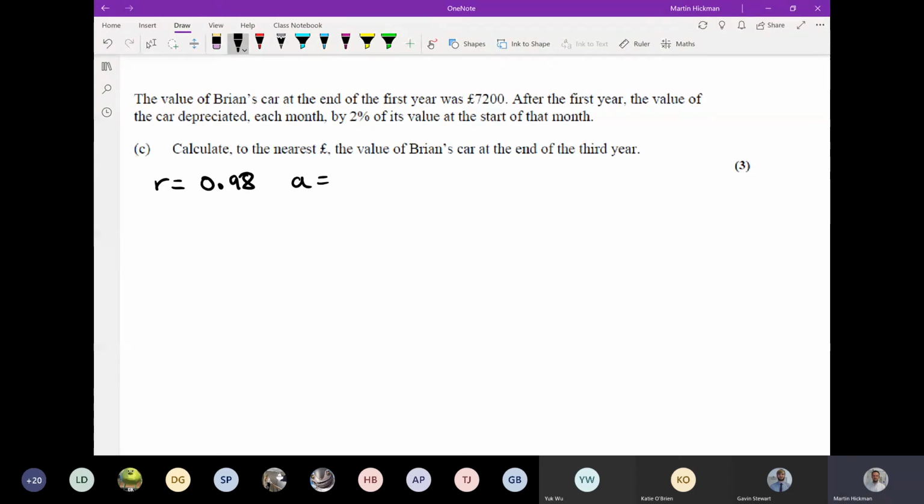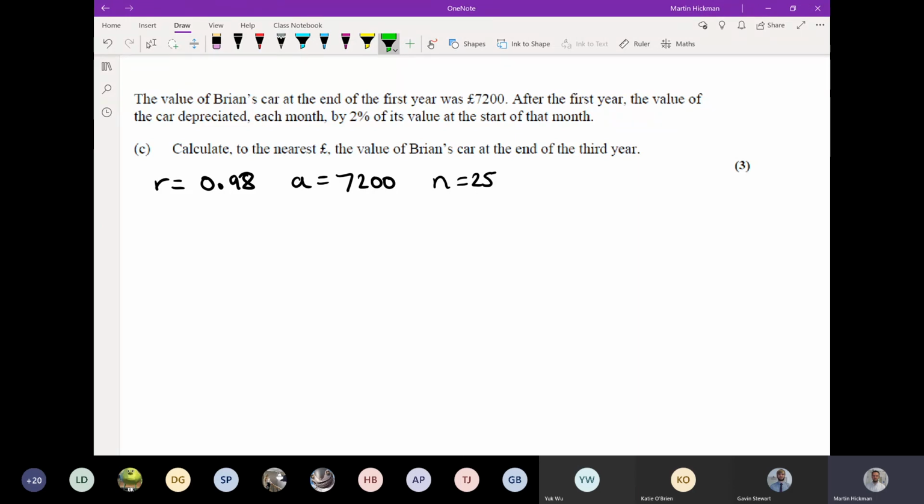Your first term is 7,200, and then depending on how we want to set this up, we'll call it u_25 here. Now be very careful. You're asked to work out what it is at the end of the third year. So if the end of the first year is 7,200, the end of the third year is 2 years later. That's 24 months later.